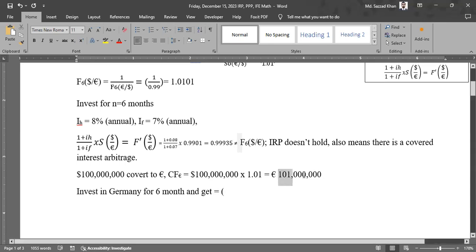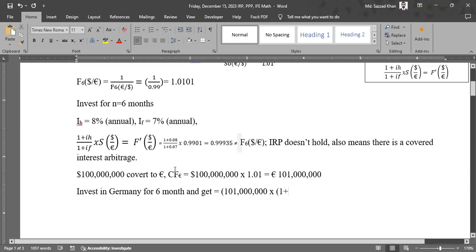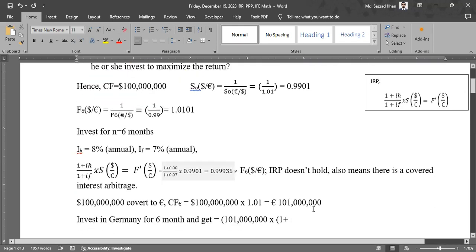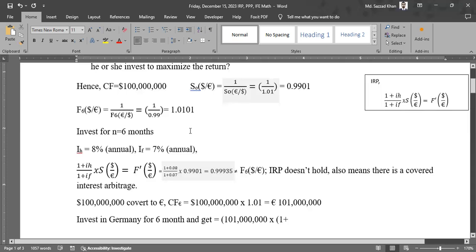This euro amount will be compounded, 1 plus how much? 7%, but 7% is annual. So we will get for 6 months. So it will be compounded monthly. Now we need to use the compounding. Okay?